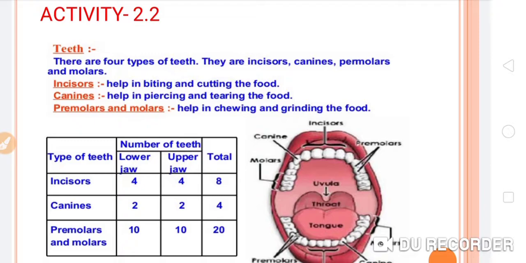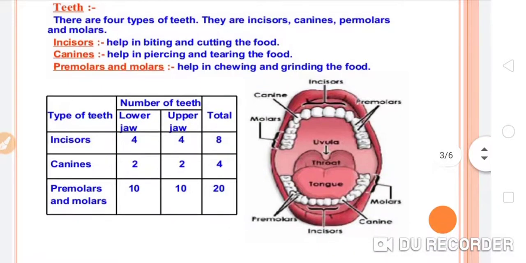Now second one, that is canines. Canines help in piercing and tearing the food. Now last one, that is the premolars and the molars. Premolars and molars help in chewing and grinding the food. You can see in this slide I have provided a pic.